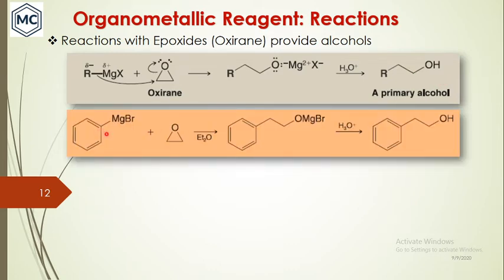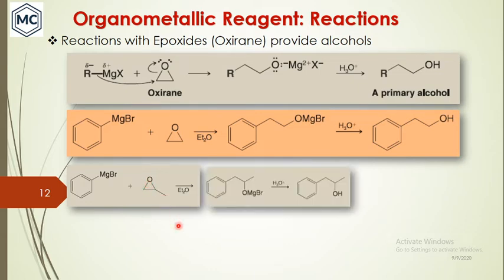For example, phenyl magnesium bromide can react with oxirane and form a complex like this, and finally you get this alcohol. And if the same compound reacts with an unsymmetrical oxirane, where does the reaction occur? Usually the nucleophilic center attacks at the less substituted position, that is this position, and here the bond will break, and the corresponding complex will be this one.